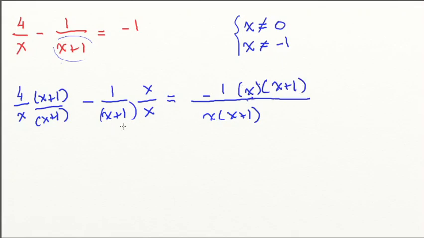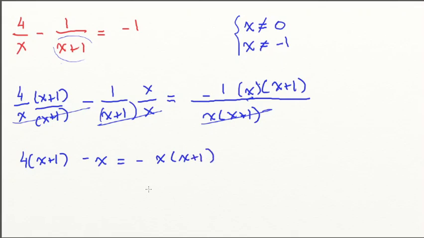Okay, there we go. So now everything is on the same base, and if we're assuming that x is different than 0 and negative 1, we can just cross all of them out. So at the end, we'll have 4 times x plus 1 minus x is equal to minus x times x plus 1. So now, let's just expand those.